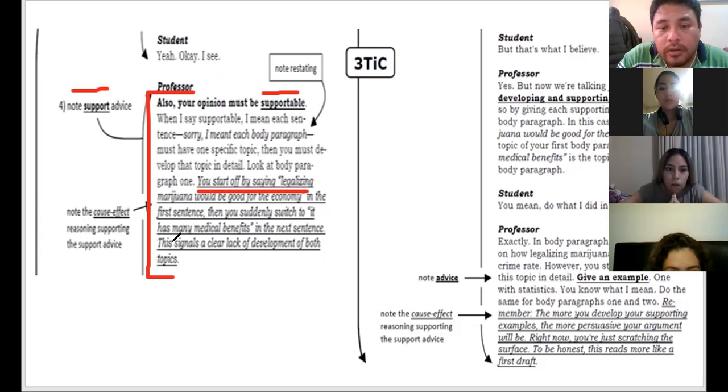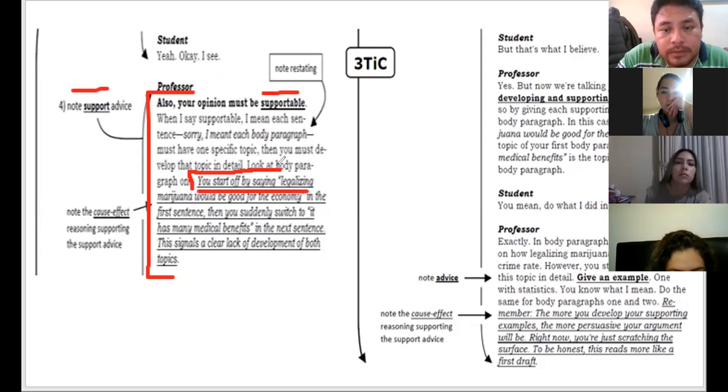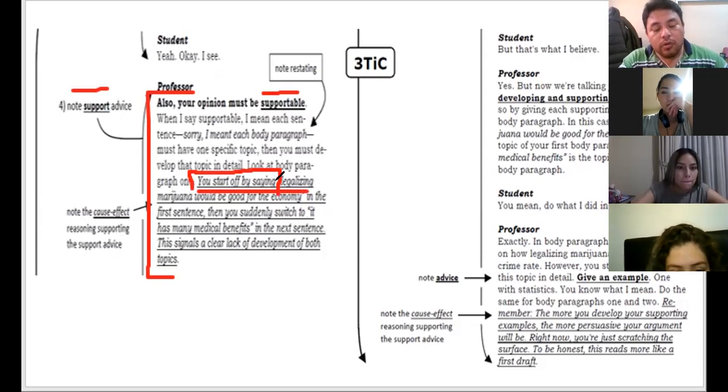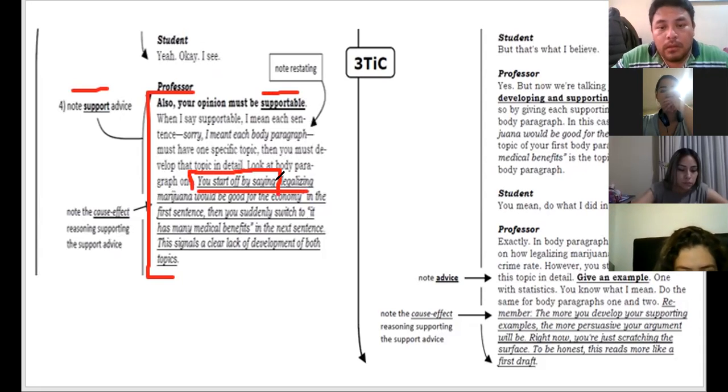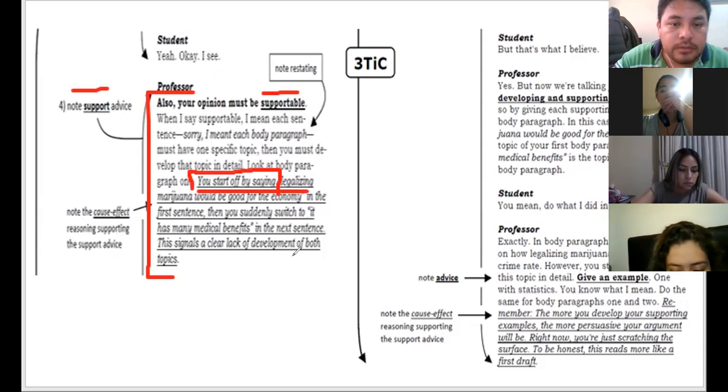Okay, and we have to find signal words. You start off by saying, if you see, this is a signal word, an expression that you're given, you are starting the new comment or introducing an example or more information about it.